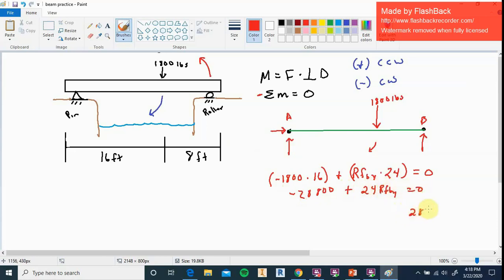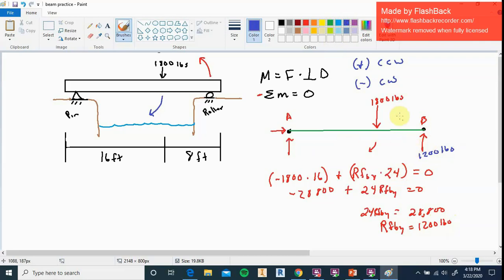So if we have 28,800 over here, and we have equals 24 RFBY, divide that by 24, we get the reaction force at B in the y direction is 1,200 pounds. That's required to oppose the 1,800. So the reaction force over here is holding 1,200 pounds.